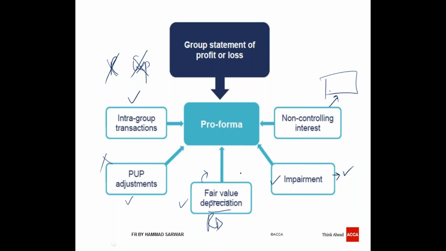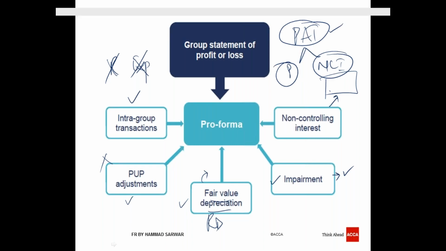You can time apportion these items, but we never apply the percentage of ownership on any of the items in the income statement. Only you need to distribute the profit between the owners of the parent and the NCI when you have calculated the profit after tax. So the profit will be distributed between the group and NCI only when you calculated the profit after tax.